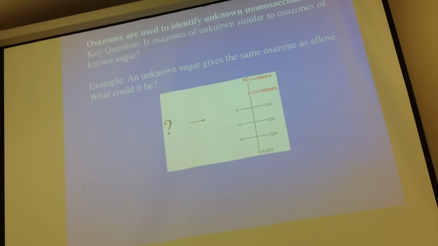And we find out that the unknown sugar gives the same osazone as allose. So what could it be? Well, the first no-brainer thing was it could be allose, right? That is certainly a possibility. So it could be allose. Take a look at the bottom 3 carbons though, and we'll go back to our master list.